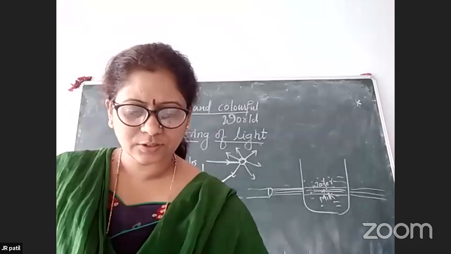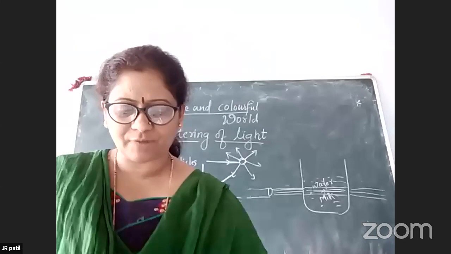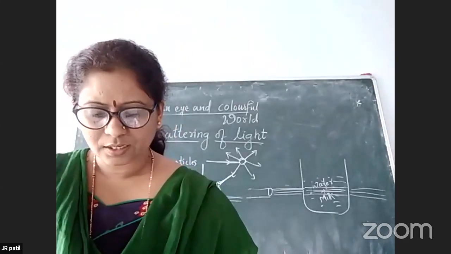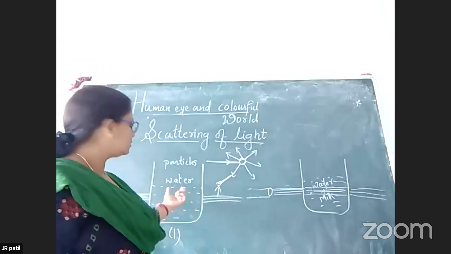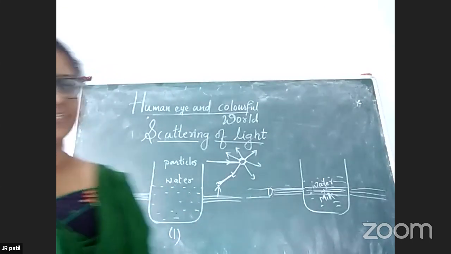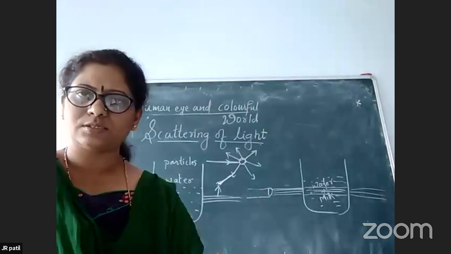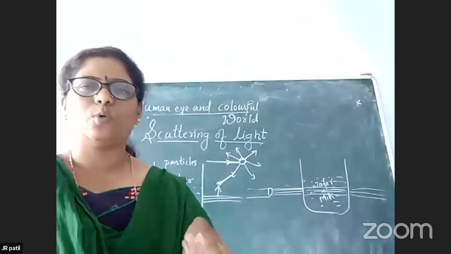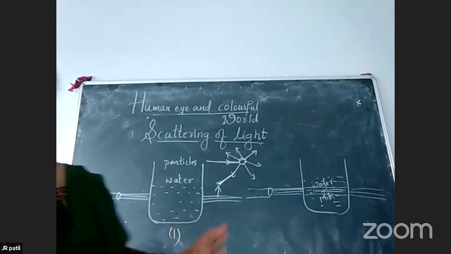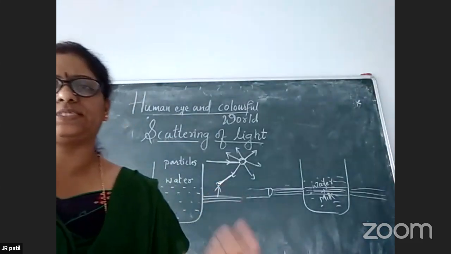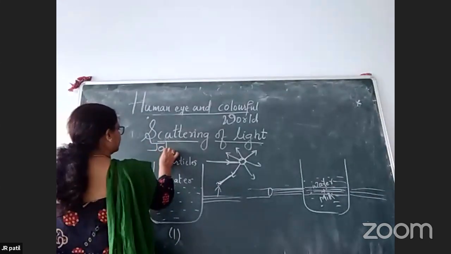What do you mean by scattering? Reflection of light from an object in all directions is called scattering of light. Scattering by the collided particles is called the Tyndall effect, because the scientist who explained this scattering was John Tyndall.